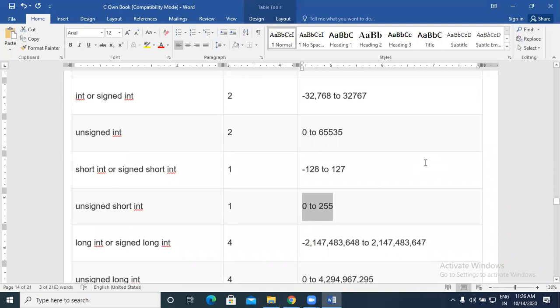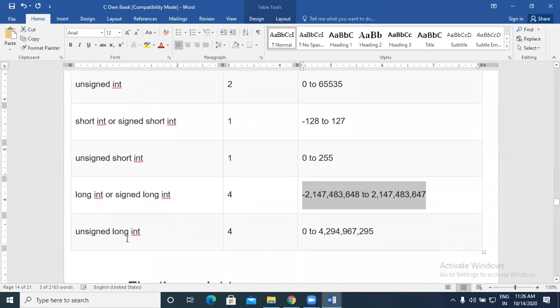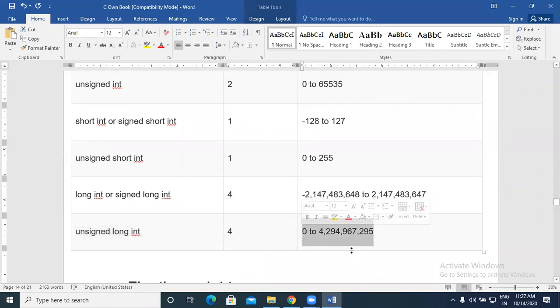Same thing in long integer. Signed long integer occupies 4 bytes in memory, and the range goes from a large negative value to a large positive value. Same thing next, unsigned long integer. That is a 4-byte requirement in memory, and the range is 0 to about 4 million.